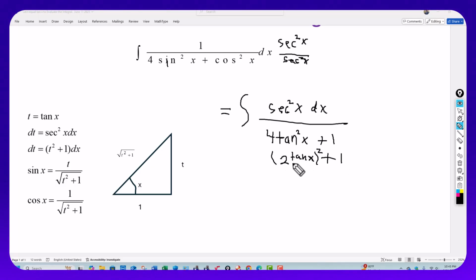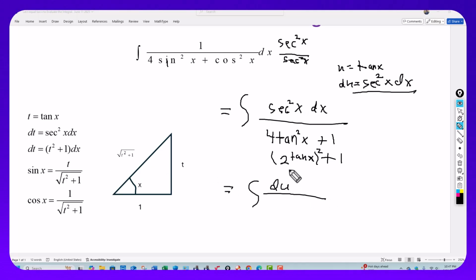And here I could use a substitution and say, okay, let's let u equal tangent of x. So notice the similarity, but we're not going to have all this over here. We don't need it for this one, but we do use a tangent substitution here. So du would equal the derivative of tangent of x, which is secant squared of x dx. So the secant squared dx right here, that's your du.